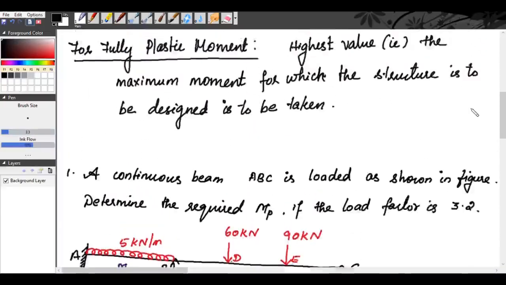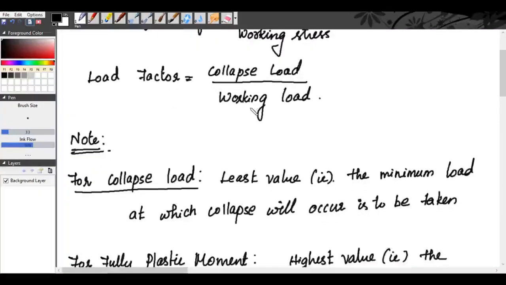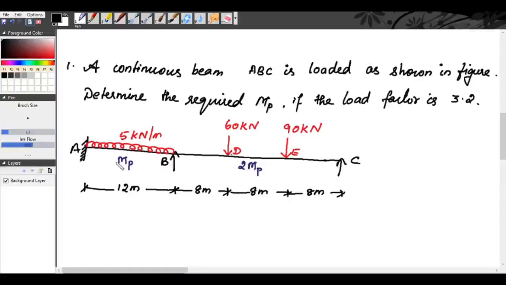So we know load factor is nothing but the collapse load by working load. So we may not use this for the problem. So now we will solve the problem. So we have a two-span continuous beam. So first of all, we have to find the statical indeterminacy, the number of possible hinges, and the number of independent mechanisms. So that will be our first step.